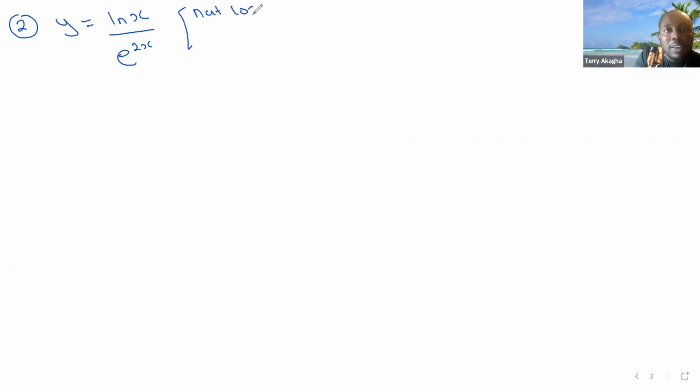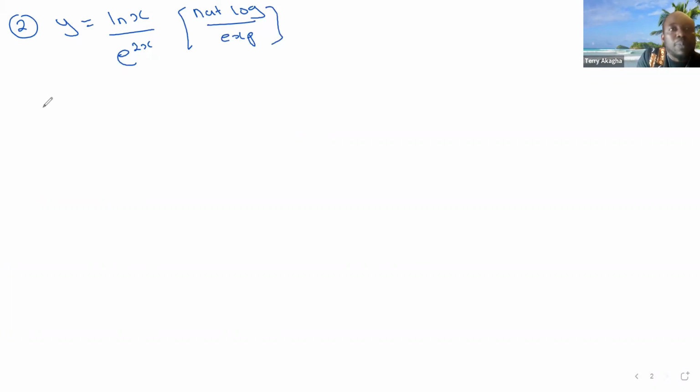Now let's go to the second one. Let's pick another one. For instance, this example I have in my notebook here: ln x divided by exponential 2x. That means here we have a natural logarithm divided by an exponential, so there are two different functions.